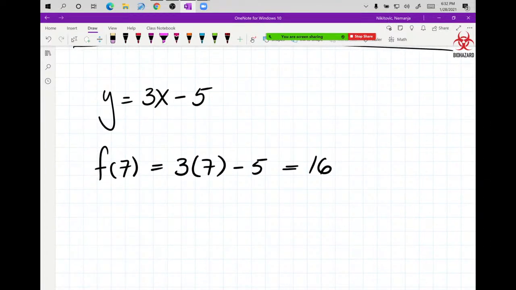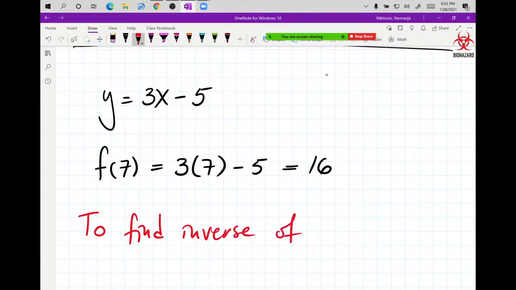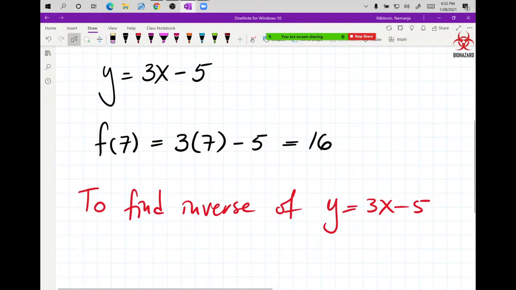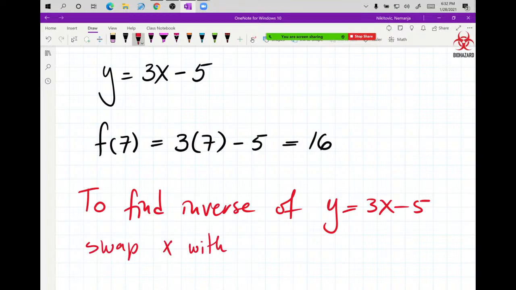Cool. All right, so let's write this in blood. To find the inverse of y equals 3x minus 5, swap x with y and solve for y.